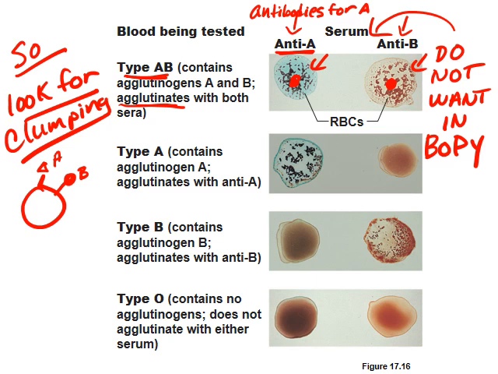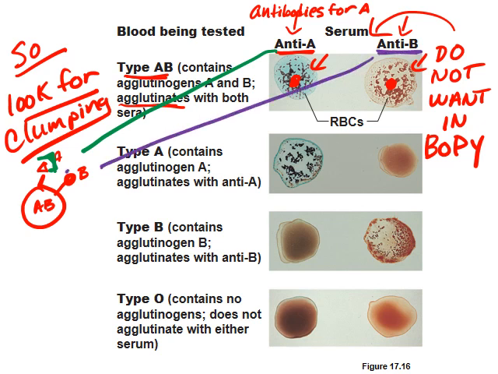So if I put this AB blood on each spot, and then I put anti-A, what's going to happen? The anti-A is going to come and bind to the A antigen. What's going to happen to anti-B? It's going to come and bind to the B antigen, and we're going to see clumping or agglutination.